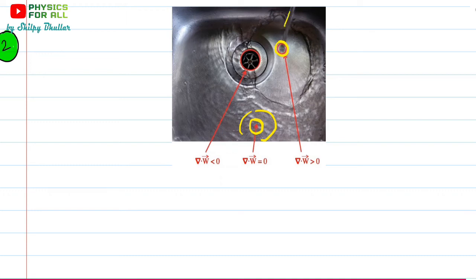The water is following this narrow track, and then just after flowing through this, it is spreading. Can you see this? It is spreading in all directions. If something is spreading out, it is diverging. So this is an example of positive divergence. And we have a source as well.